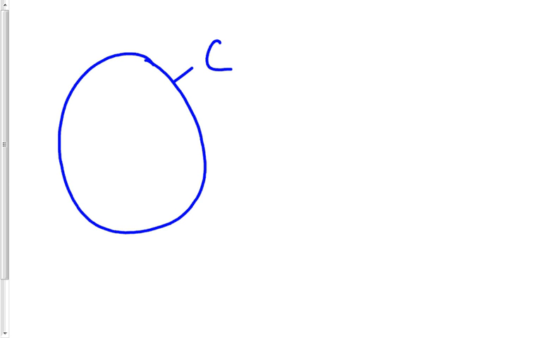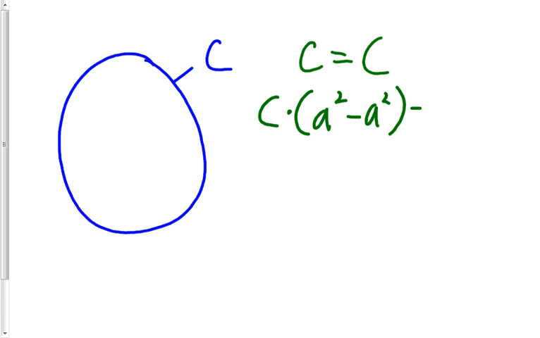So a couple true statements I could write would be c, the curvature of the Earth, is equal to itself. Then I could also write the curvature of the Earth multiplied by a squared minus a squared is in fact equal to the curvature of the Earth multiplied by a squared minus a squared.